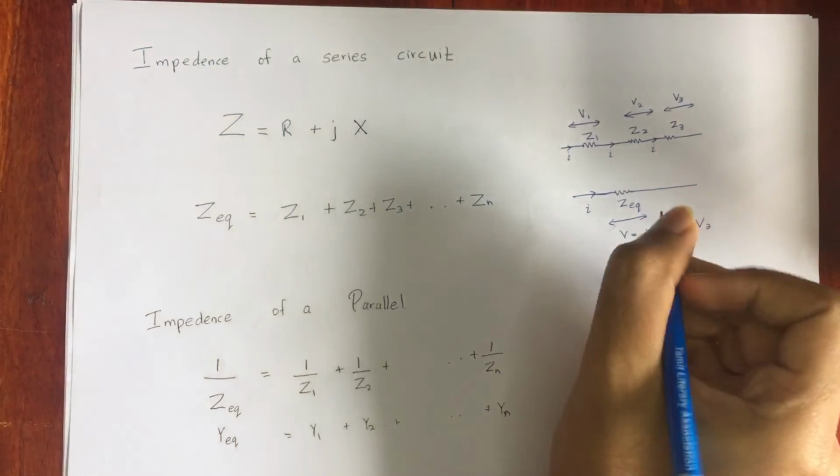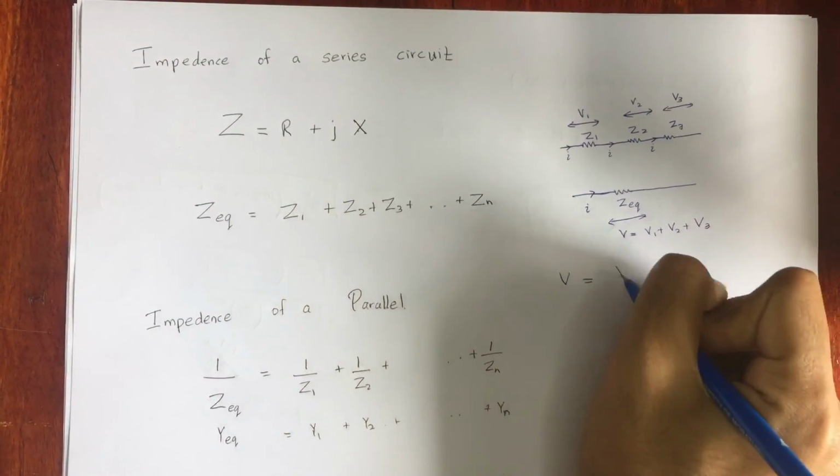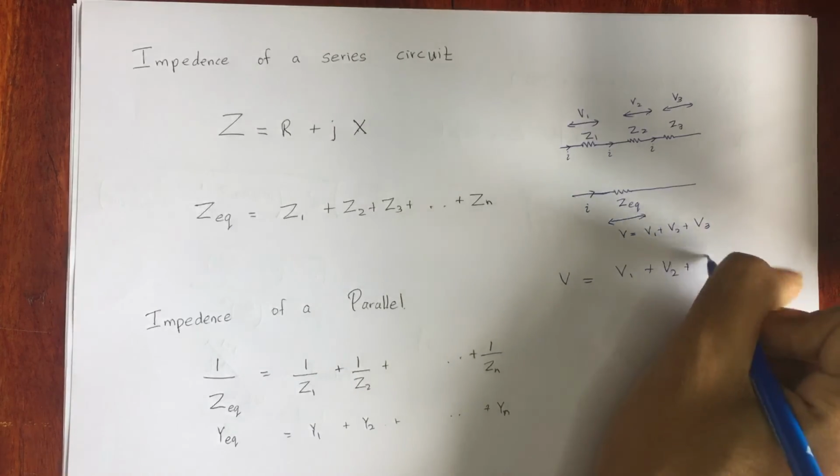So I have already mentioned V is equal to V1 plus V2 plus V3.